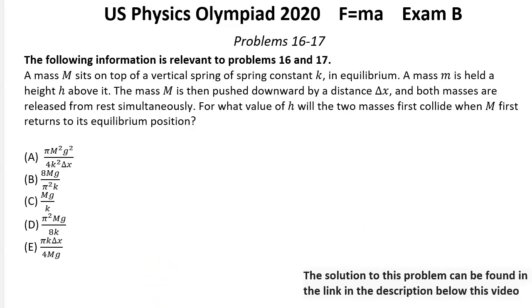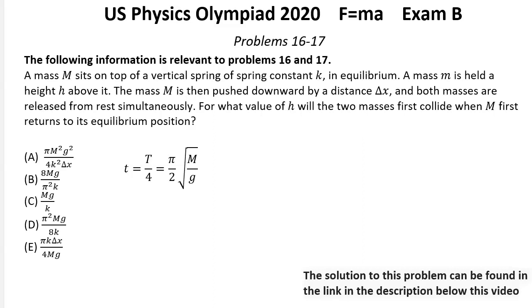Solution for problem number 16. First, let's write the equation for the time for big mass M to move from the bottom position to equilibrium. That will be a quarter of the full period, which is pi over 2 multiplied by square root of big M over k. Second, this time equals the time for small mass to fall down a distance h.